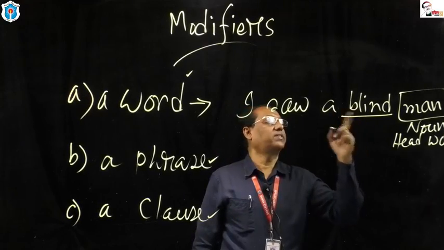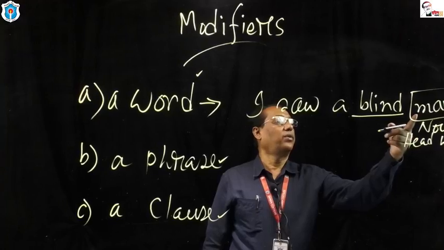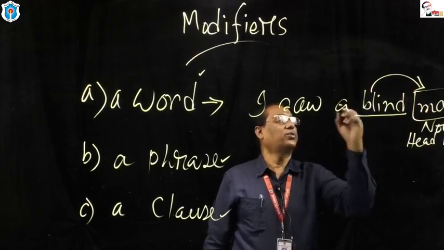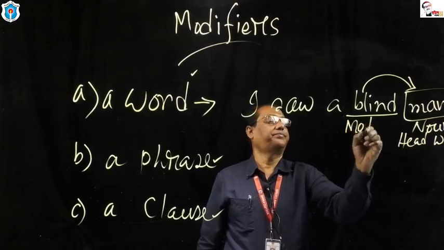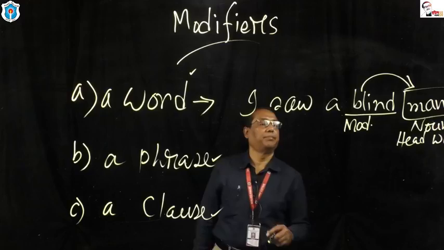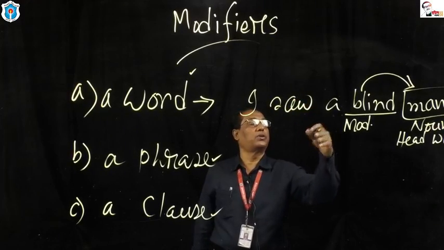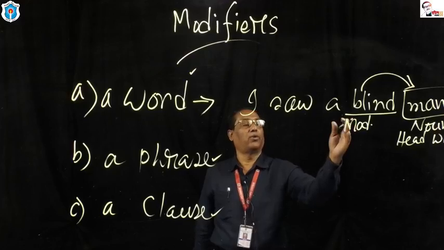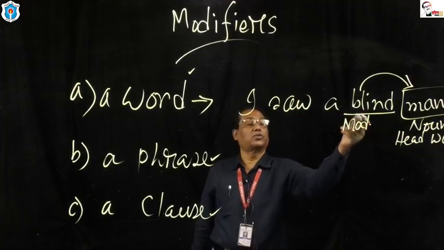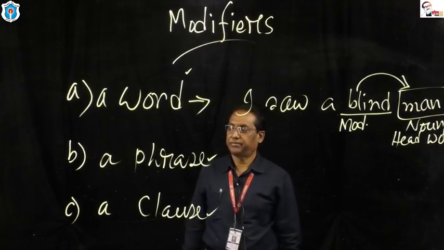Blind is a word, a single word, which is used before this noun, and blind modifies man. So this is a modifier. Blind is a modifier because it is a word, firstly. Secondly, it is used before a noun or head word, and this word modifies that noun. So this modifying word is called a modifier.